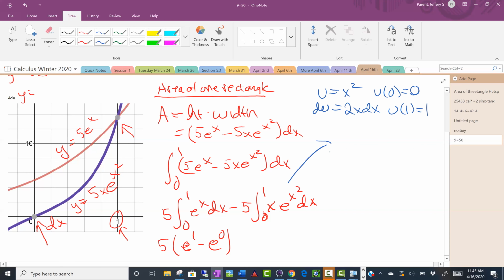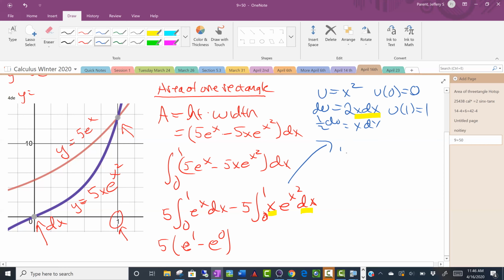So this becomes, let's see, wait. We've almost got 5 halves. Yeah. So e to the u. I've got an x dx here, x dx here. I got to get rid of the 2, so it's going to be 1/2 du equals x dx. So now I can do my u substitution.